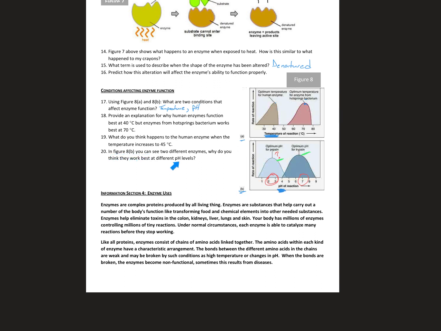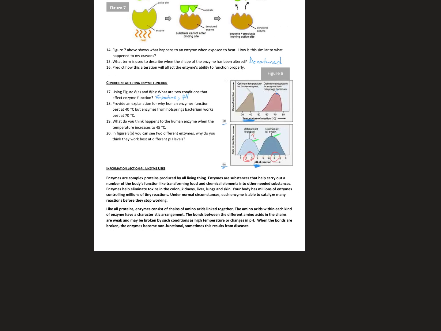In 8b, you can see two different enzymes. Why do you think they work best at different pHs? Because this might work in a place where it's very acidic, and this will work in a place where it's neutral. So this might work best in the stomach of a human, and this might work best in the blood of a human. In actuality, pepsin is found in the stomach.